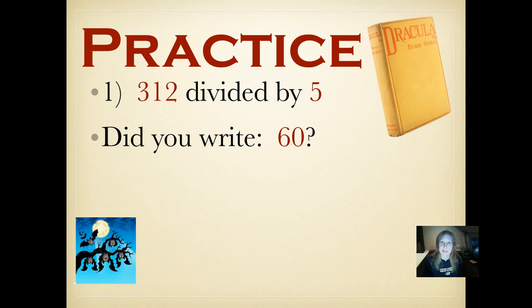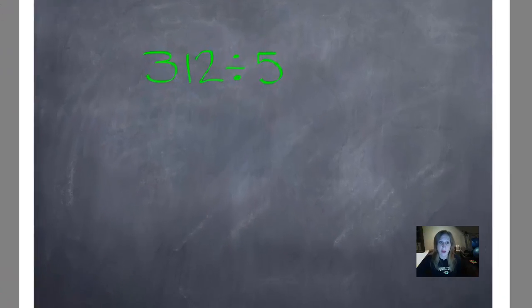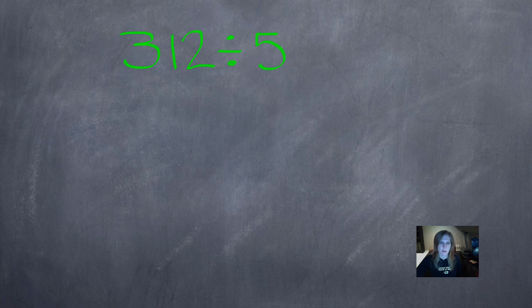Did you write 60? Let's see how we did that. So first we'll try to round to the greatest place value position. So that would be this 3 here. That's the greatest place value position. And when I round that, I round it to 300. Let's see. 3 is not divisible by 5, but 30 is divisible by 5.